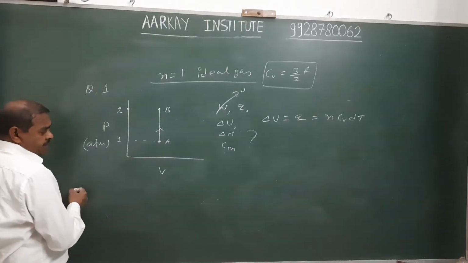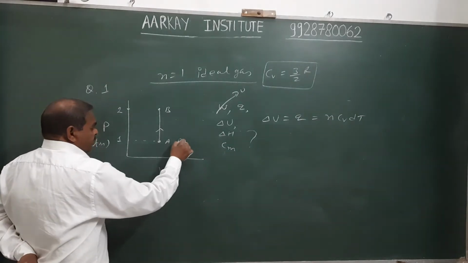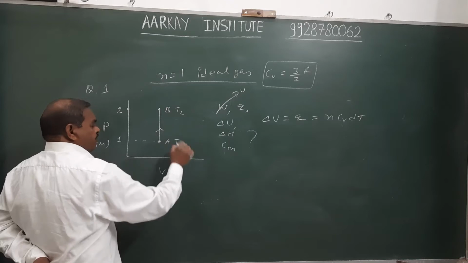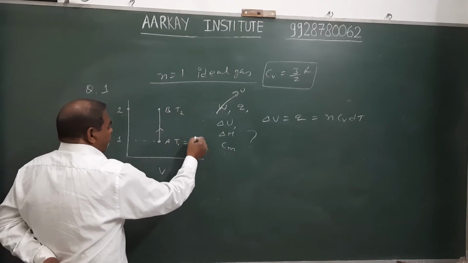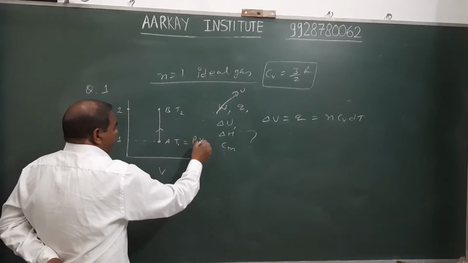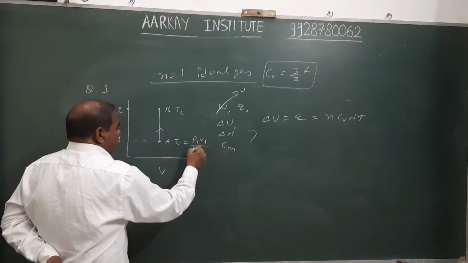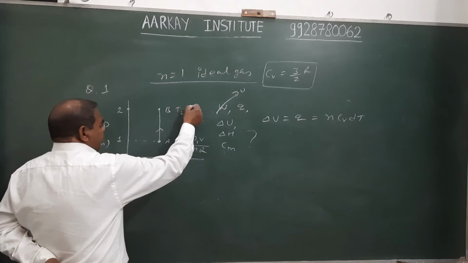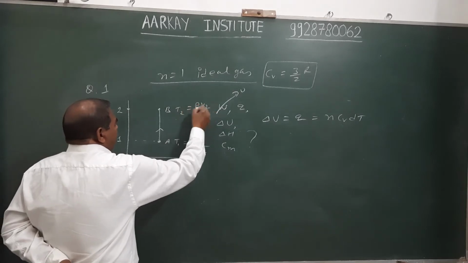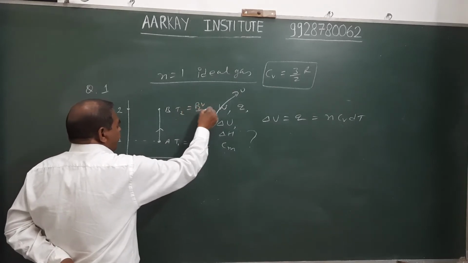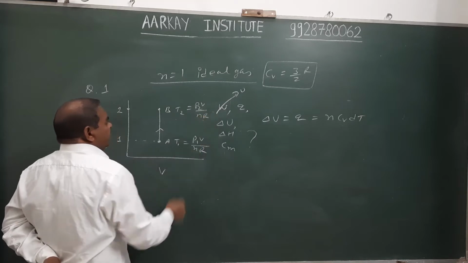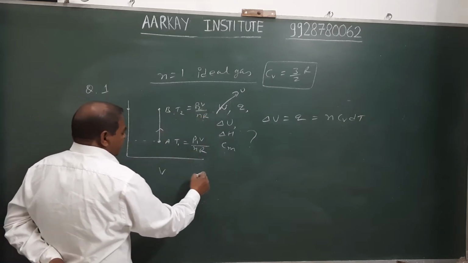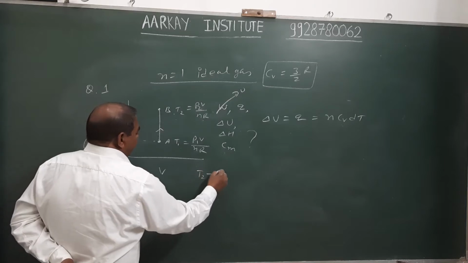Calculate change in temperature, where temperature T1 equals P1 V1 upon nR, volume remaining constant, and temperature T2 equals P2 V2 upon nR, volume remaining constant. And hence we calculate change in temperature, T2 minus T1.